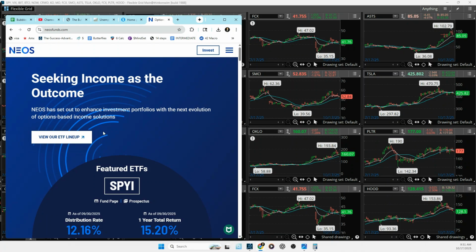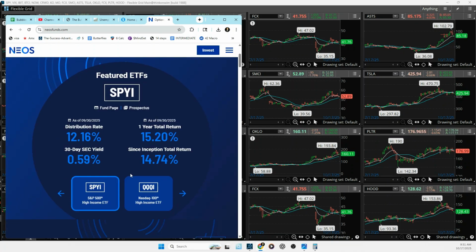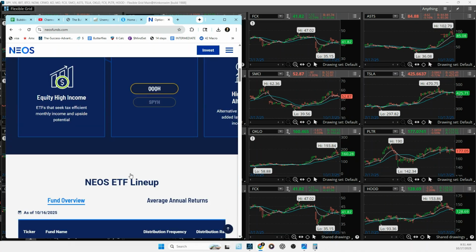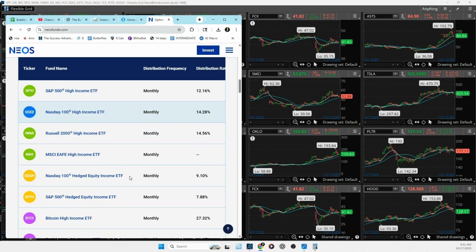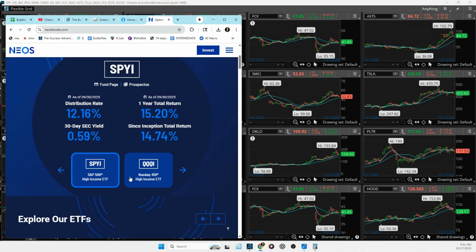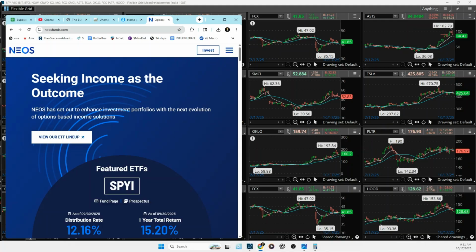If you're going to be investing in ETFs, I think this is a good time to get familiar with the different companies bringing instruments to the market.